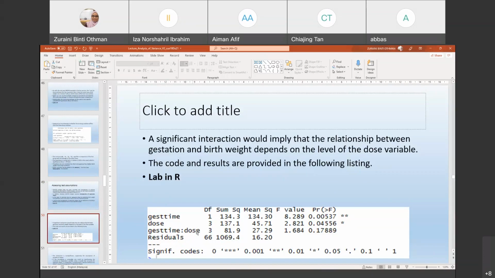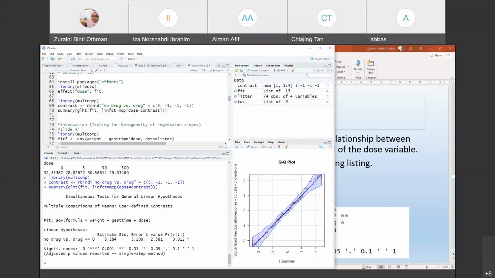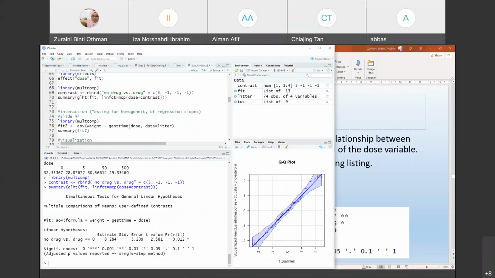So now from this table we notice that the interaction does not give a significant impact, as the p-value is 0.17889 here, which is greater than 0.05. Here we can see the interaction for the homogeneity of regression slopes.